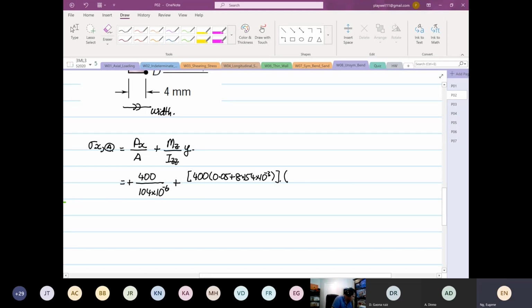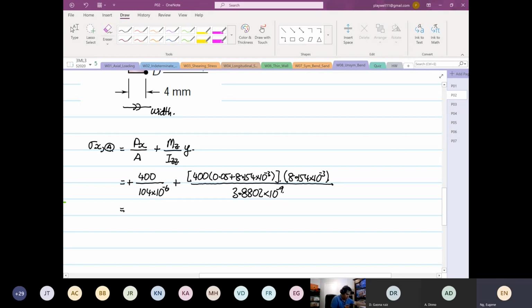So y over here is 8.154 times 10 to the power minus 3. Then divide by IZZ, which is 3.8802 times 10 to the power minus 9.